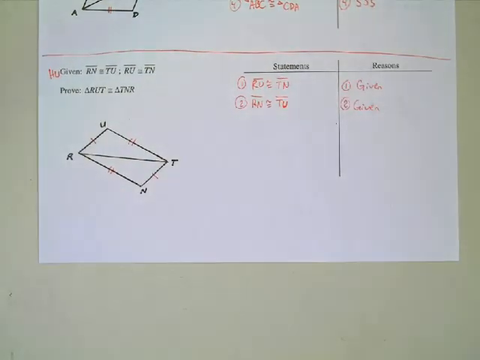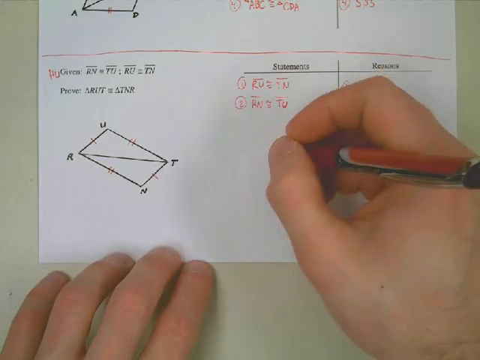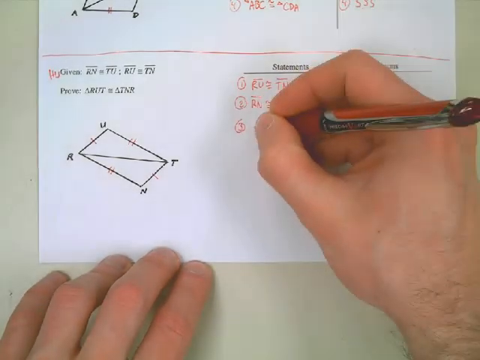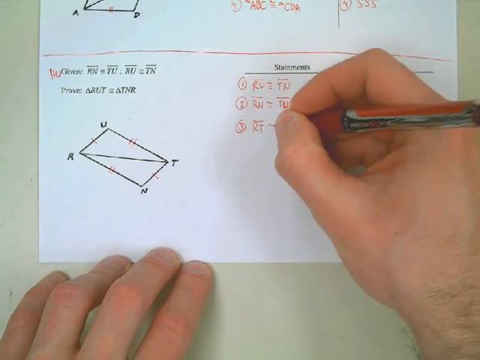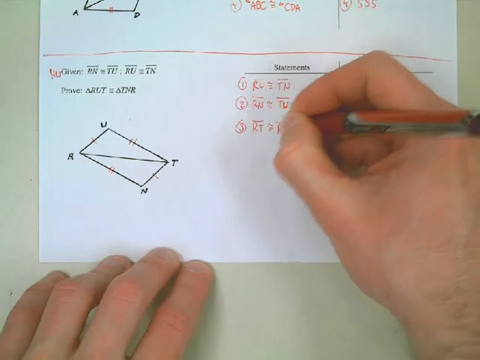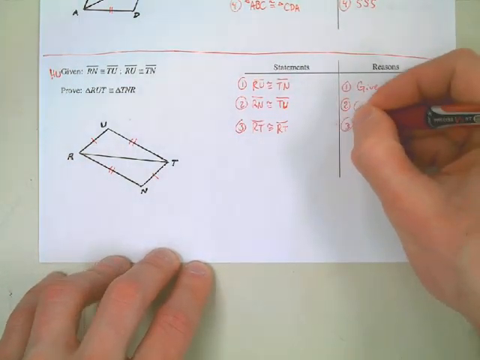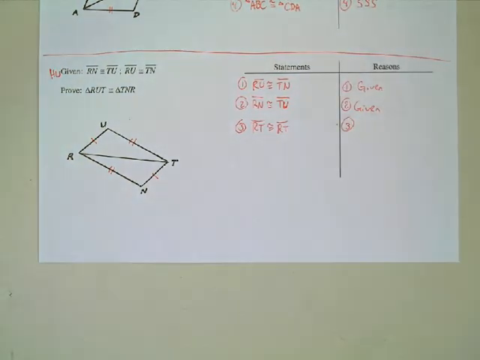All right. And then let's see here. Let's go to Gabe. What's our final congruence we want to list here? What's another congruent piece? Is it RT? Yes. RT is congruent to RT. And what's the reason here? Is it given to us? Yeah. Well, they share the same line.